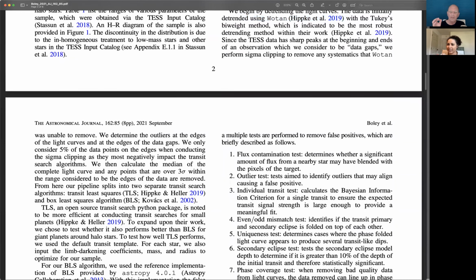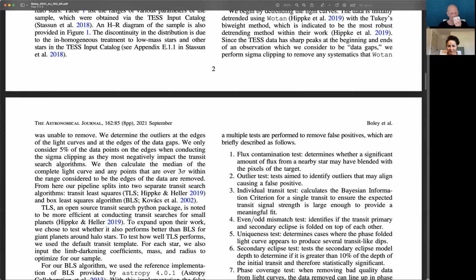So we basically did some sort of sigma clipping at the ends of the light curve, basically where the data began and ended, to get rid of this and make it look like a straight line, essentially. So our transit search didn't say, oh, look, there's a planet here, when in fact it was just a data gap.